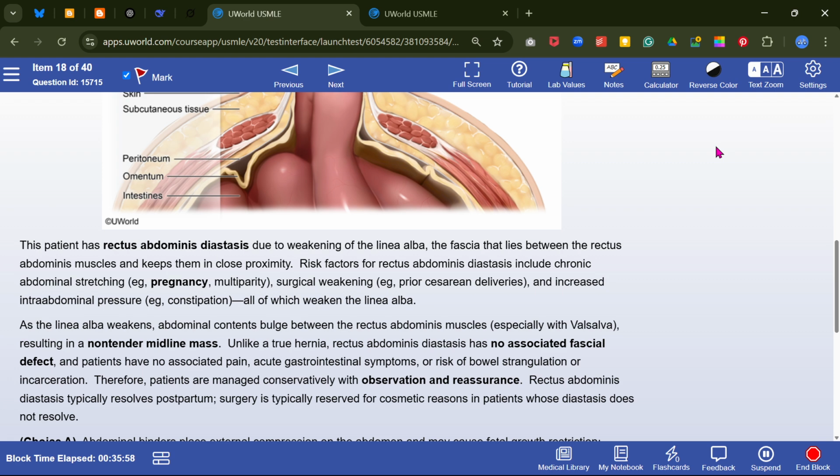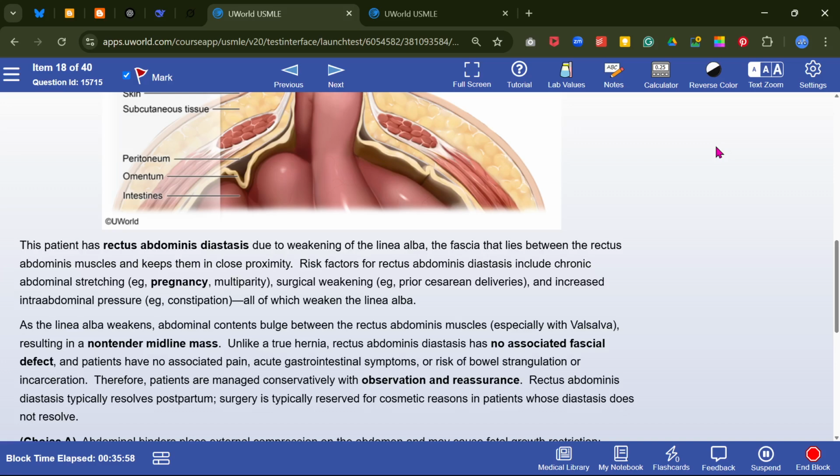Therefore, patients are managed conservatively with observation and reassurance. Rectus abdominis diastasis typically resolves postpartum. Surgery is typically reserved for cosmetic reasons in those whose diastasis does not resolve.